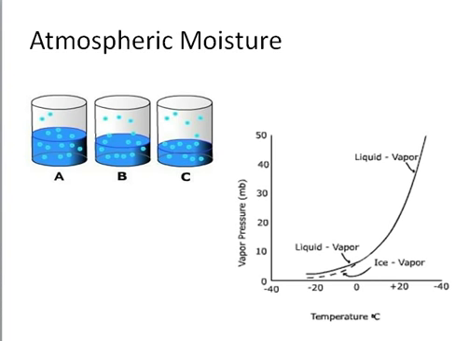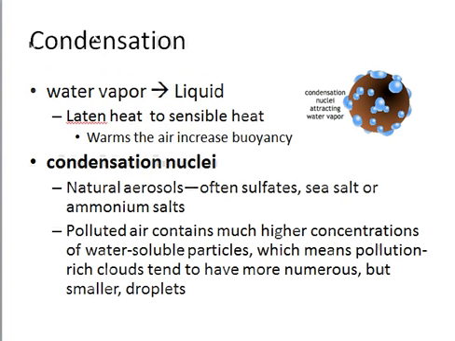As the temperature decreases, water molecules slow down. There's a greater chance of them condensing and then coming out as surface rain. So this idea of condensation, or turning water vapor into a liquid, when that happens, that latent heat again is released and converted into sensible heat.